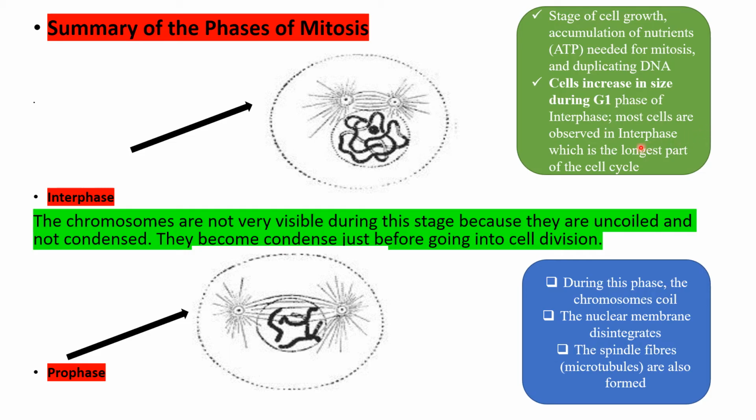It is the longest part of the cell cycle. And during interphase, the chromosomes are not very visible because they are uncoiled and not condensed. They become condensed just before going into cell division. The next phase is prophase, and during this phase, the chromosomes are coiled and the nuclear membrane disintegrates, and then the spindle fibers are also formed.